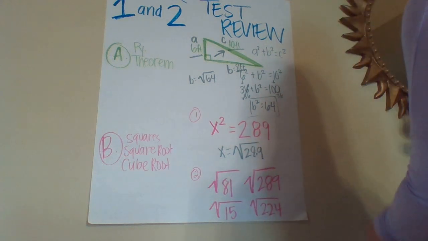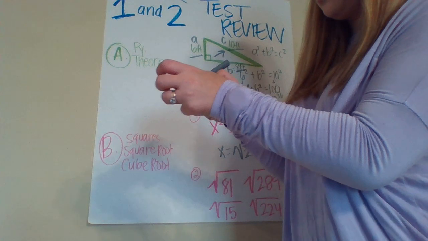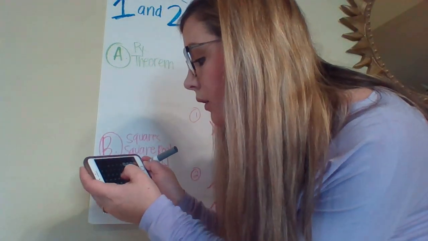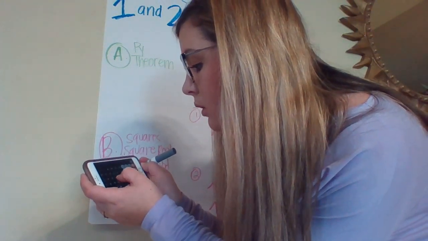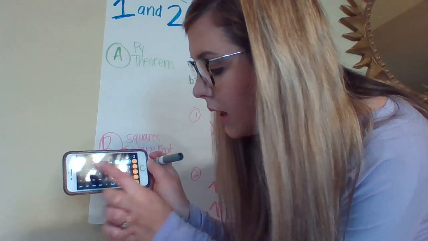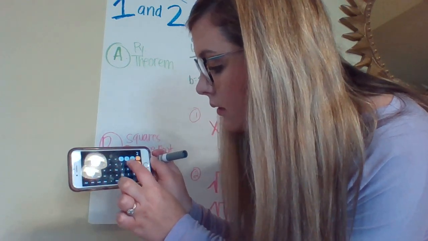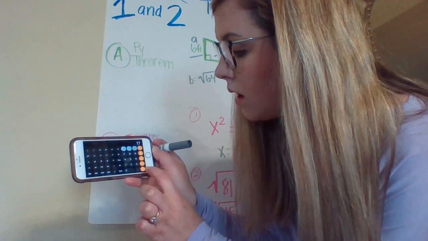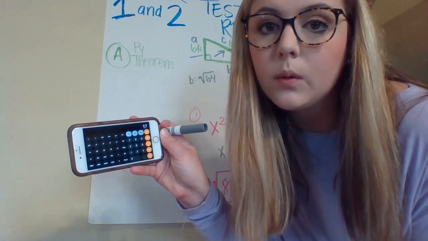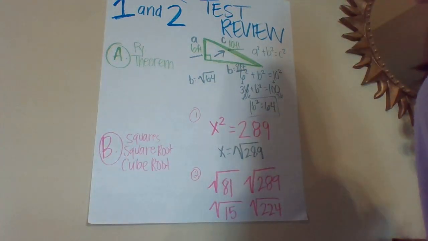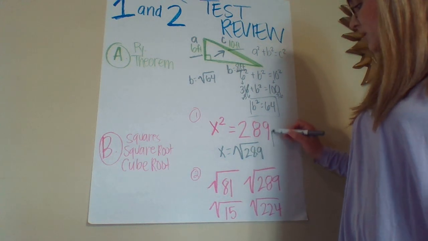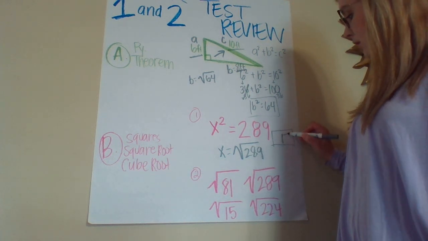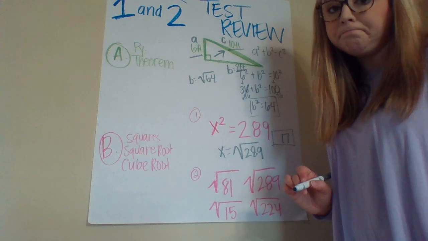You can guess and check, but you can also enter the square root button on your calculator, 289. This is a perfect square. It equals 17. If it was a text box, you would simply enter in 17.